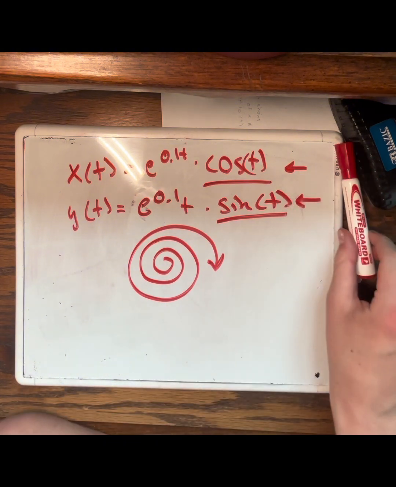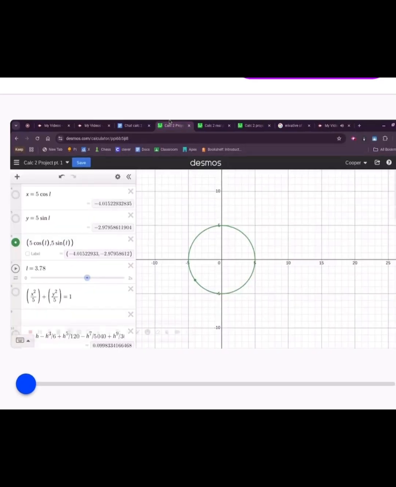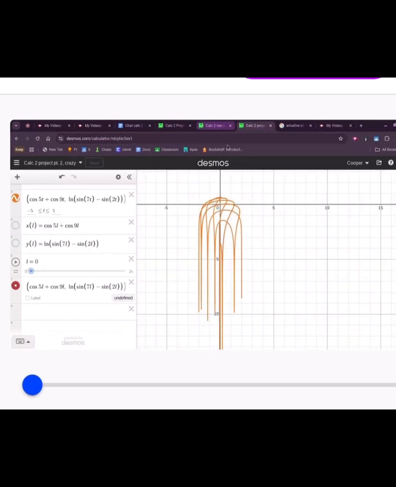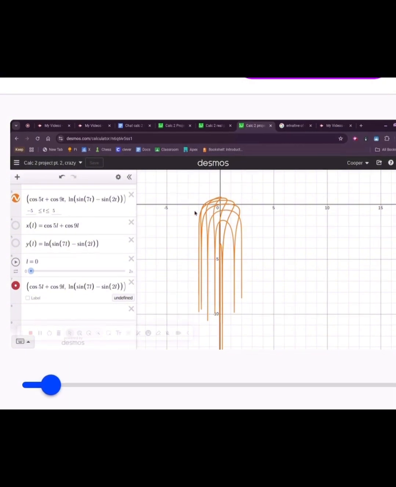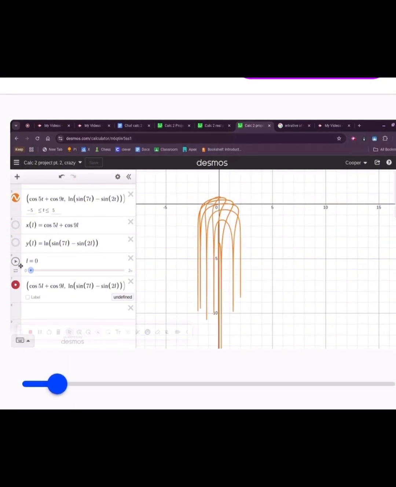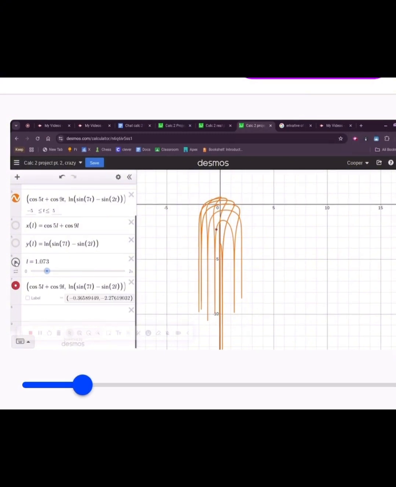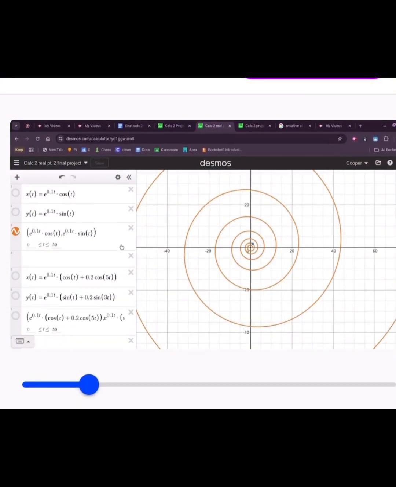But let's go to Desmos to look at the graph. I'll just show you this. I was just going through some really weird functions just to see how weird parametric equations can be. It's kind of off topic, but you could have some extremely weird things to help you show the path of animated objects. But let's go back to this one.